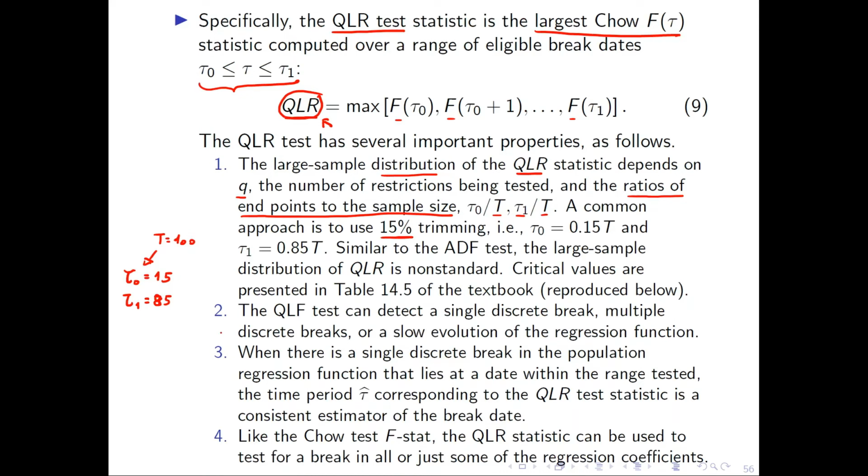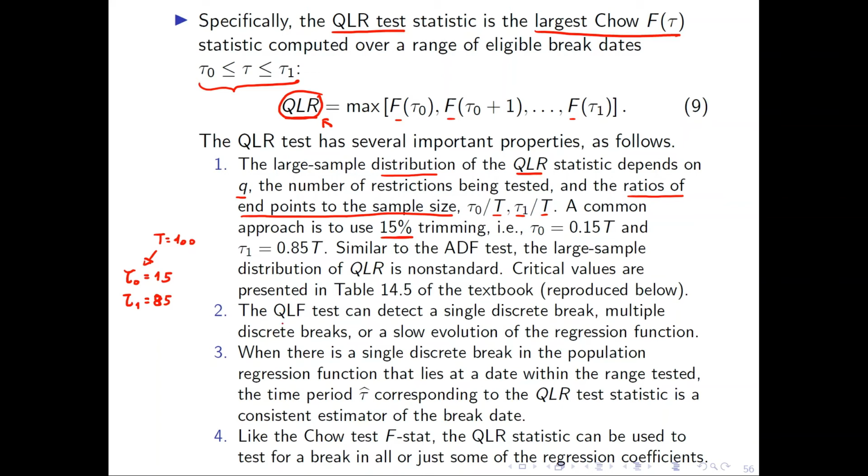The second step, after you have found the number of restrictions and your sample size, is to run the test.